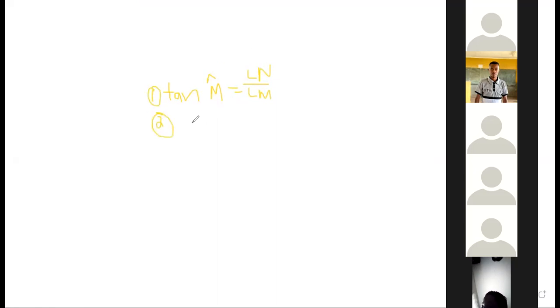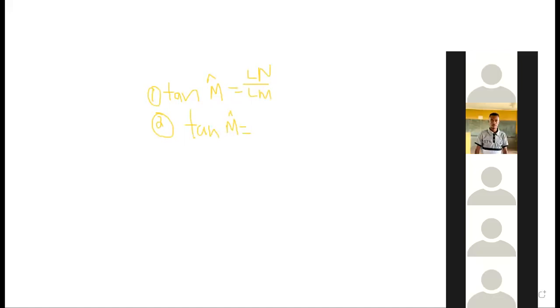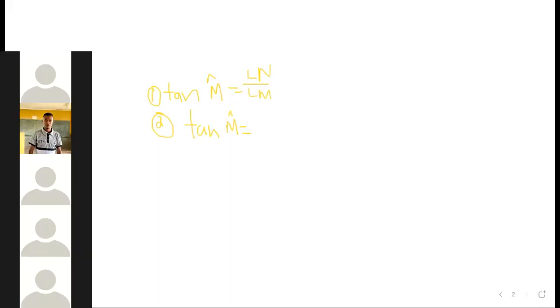In number 2, I'm gonna have also tan M. Tan M is equal to, I go back to the diagram. Tan M is equal to, I'm going to look at the 90 degrees also.